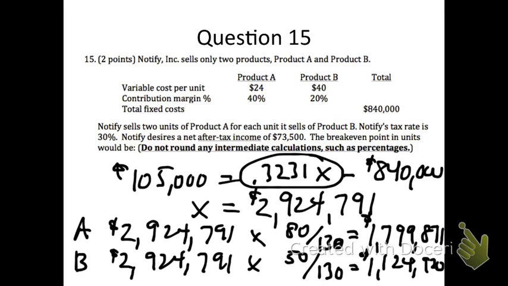So to get the number of units, take the 1,799,871 and the 1,124,920, and we divide them by the sales price.